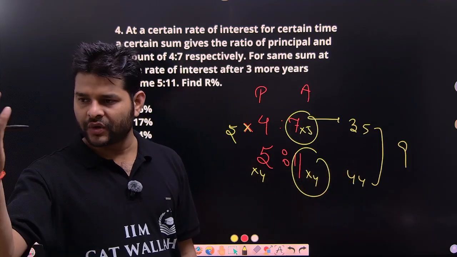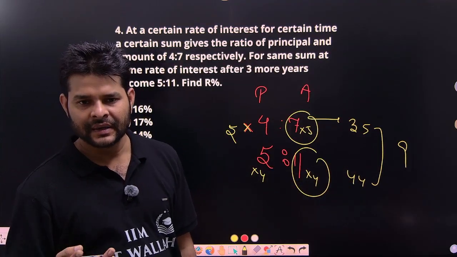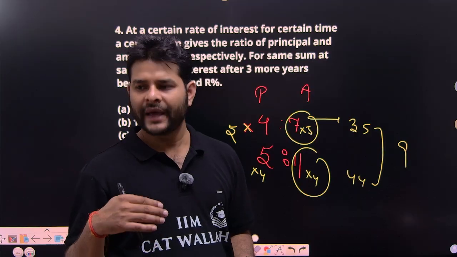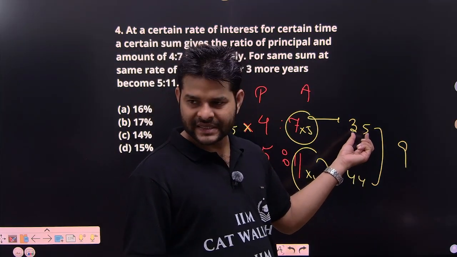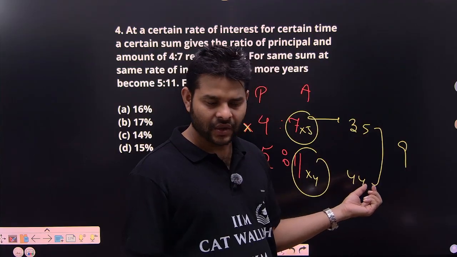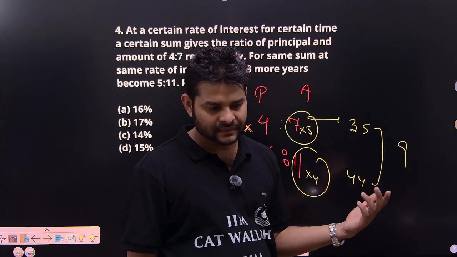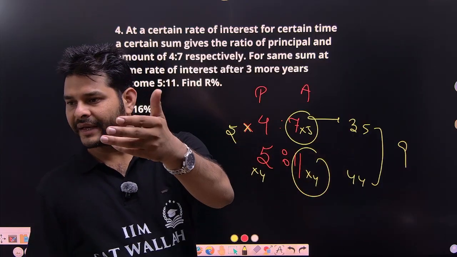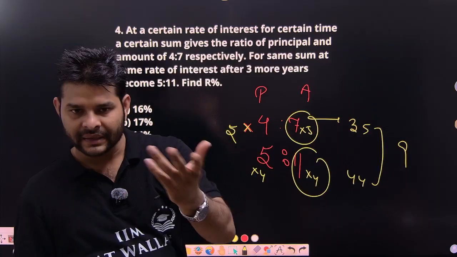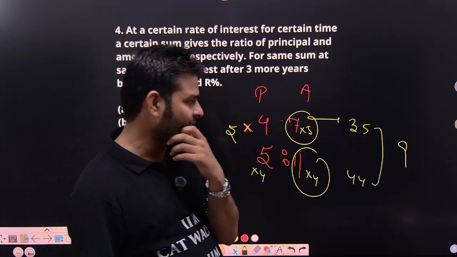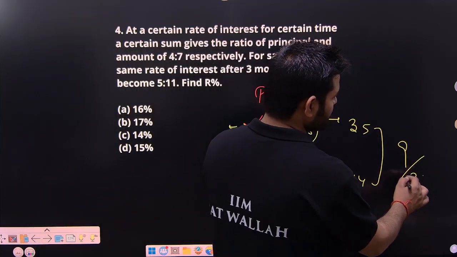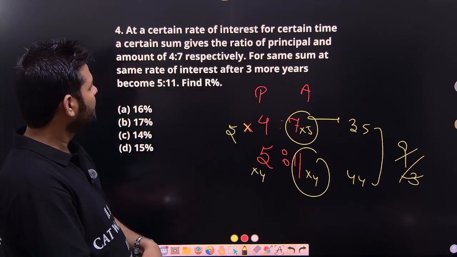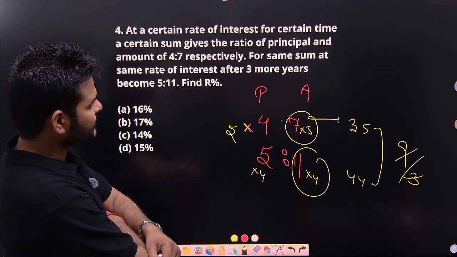So in these 3 more years, what's changing? Principal or amount? Amount, meaning due to SI. So if this is 35 and this is 44, then SI for the next 3 years is 9. So SI for 1 year would be 3. Now what have we been asked?